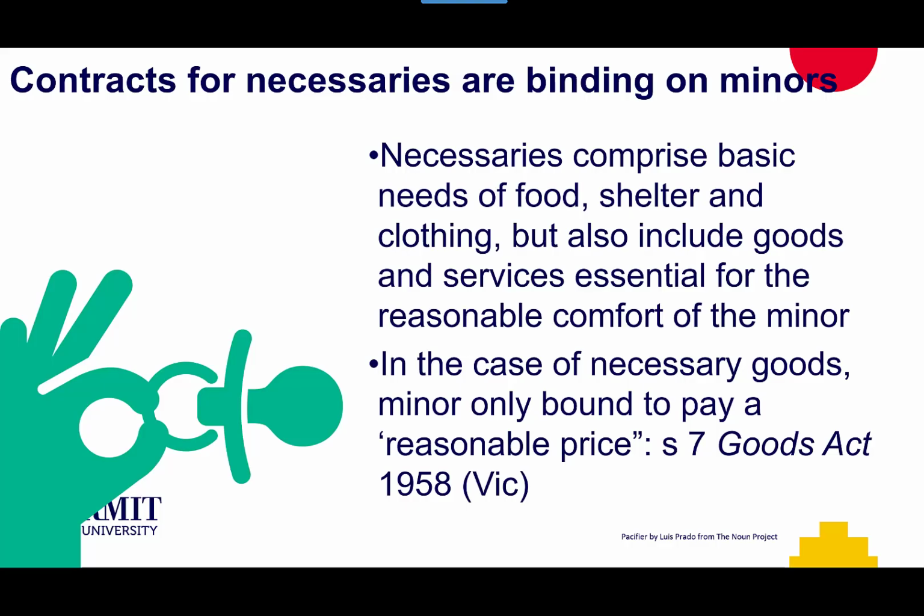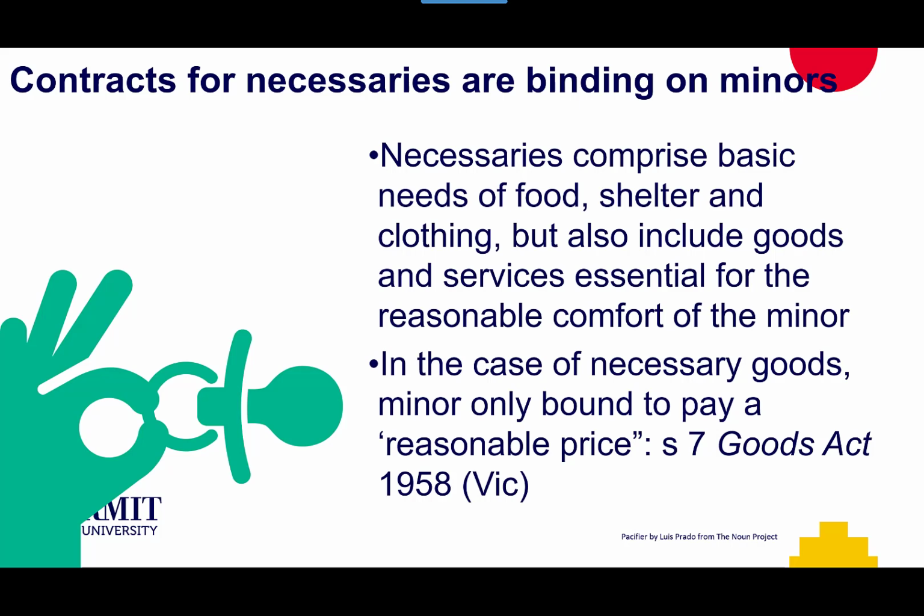So, contracts for necessaries. Necessaries are basic needs for food, shelter, clothing, but can include goods and services that are essential to a minor's reasonable comfort. It's worth noting that the Goods Act uses that same terminology in relation to necessary goods and talks about the requirement of the minor to pay a reasonable price. So part of what this law is getting at is trying to ensure that people are not ripping off minors and mentally incapacitated people.